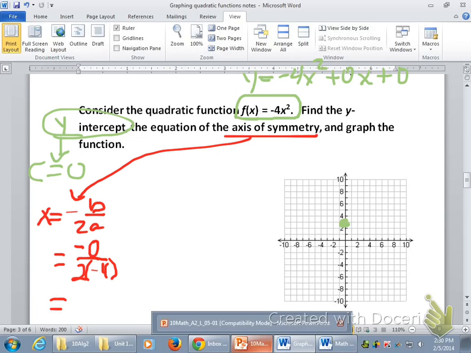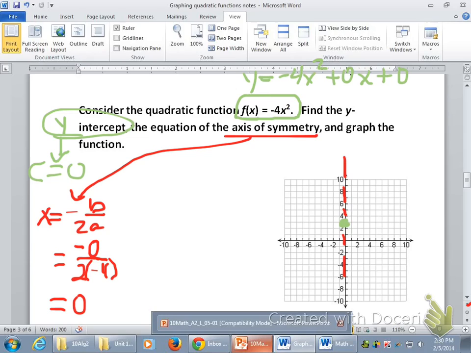It's just 0, right? All right, so the axis of symmetry is actually the same thing as the y-intercept, isn't it? Well, that is good, but it's also bad, because what that does is it messes up.